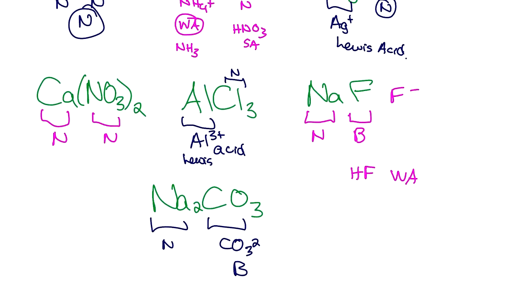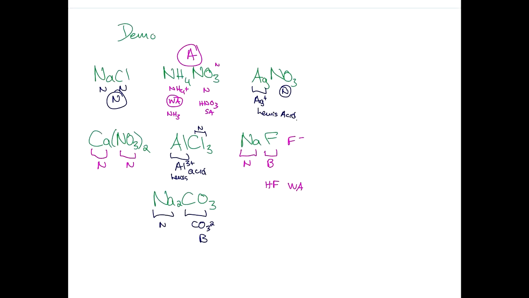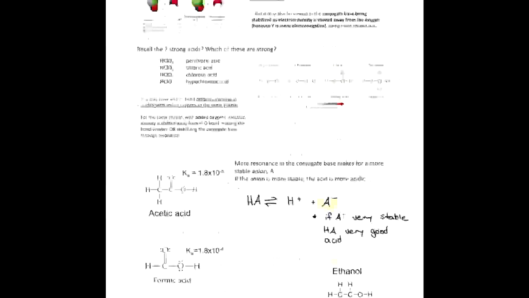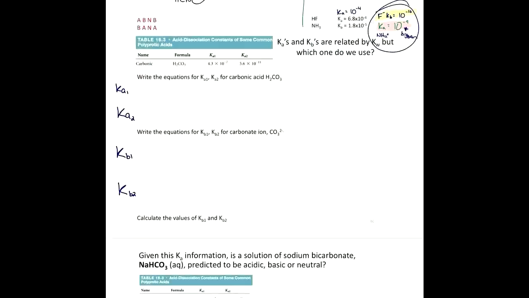Yes? Okay. In all of these examples, one thing was neutral, so we were able to identify whether the solution was acidic or basic based upon just the presence of a weak conjugate acid or base. But if both things are an acid or base, you actually have to compare the Ka and Kb values. All right, so, let's move on then.